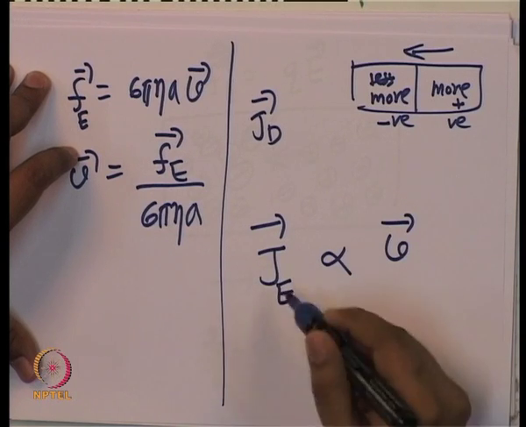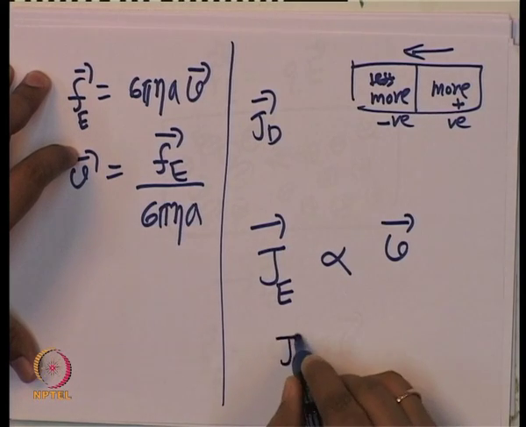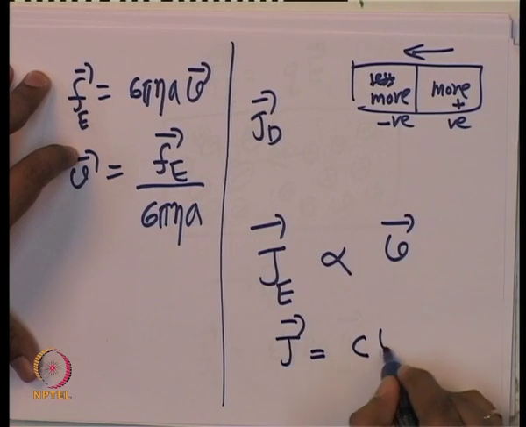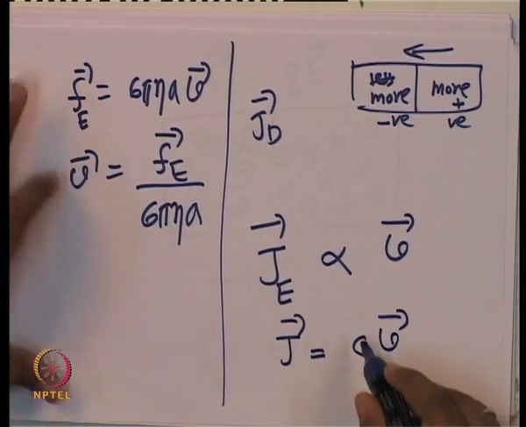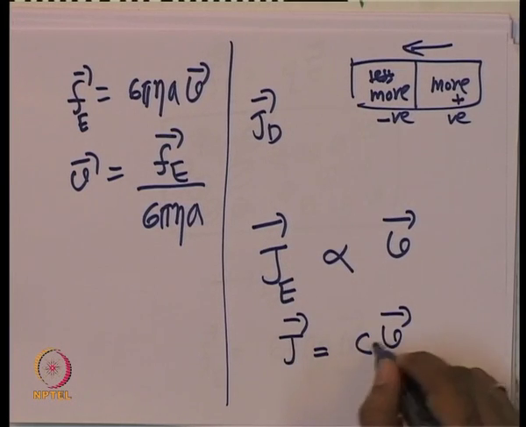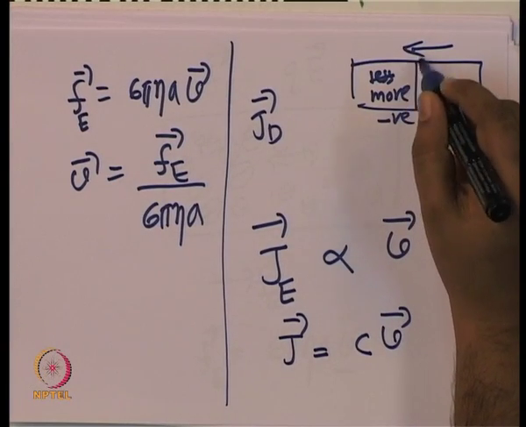By dimensional analysis, we will know that the proportionality constant has to be concentration. So, J has to be written as C V, where C is the concentration at that particular point.